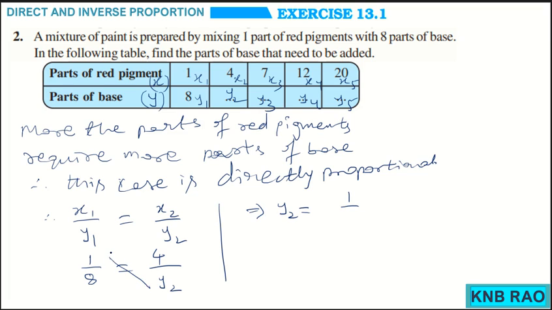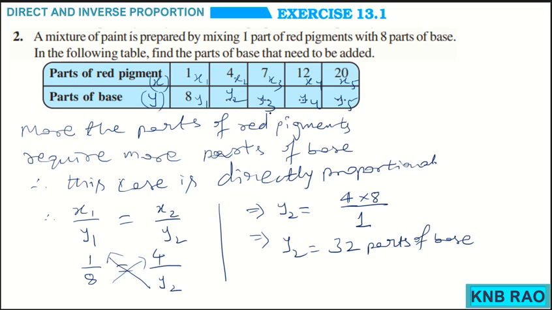In fact, you know how to simplify this. Here 4 into 8 by 1 will come, which implies 32 parts of base.